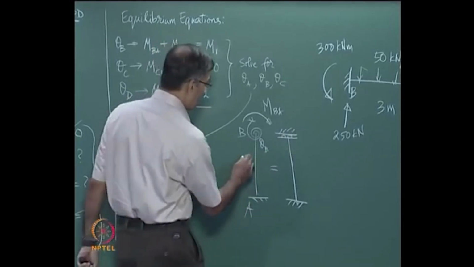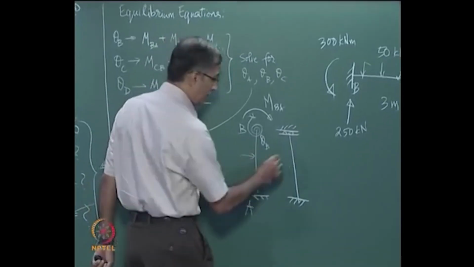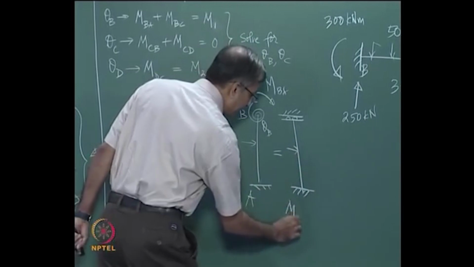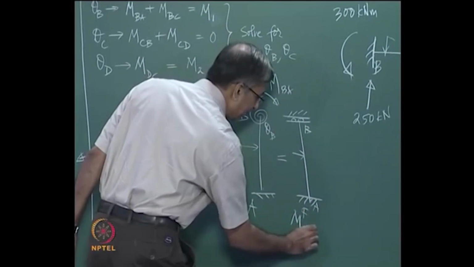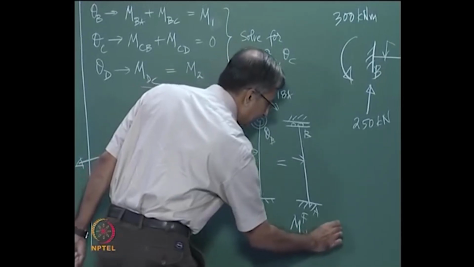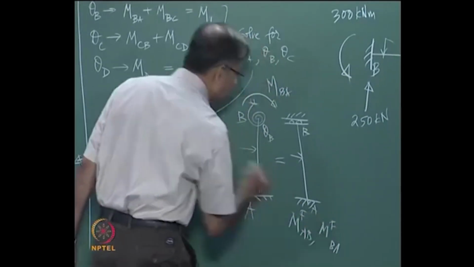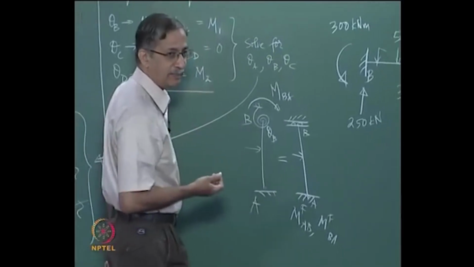So let us say there was a load acting here, then this will give me my MF, from this I can get MFAB and MFBA, right, supposing there was a load, in this case there is no load.